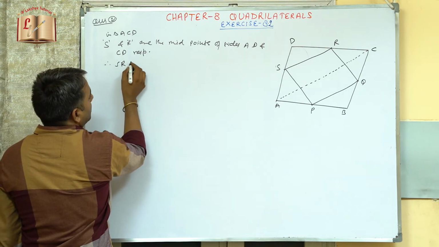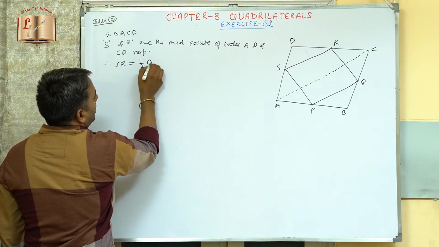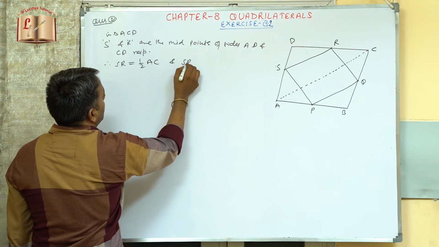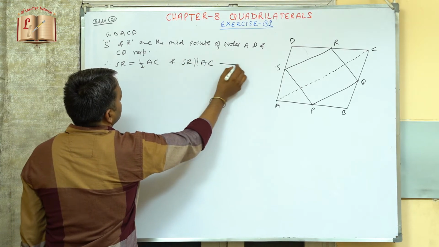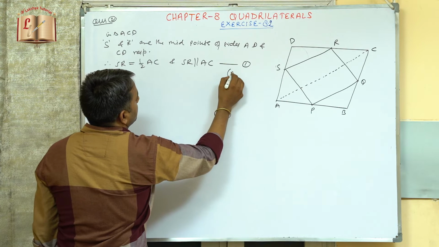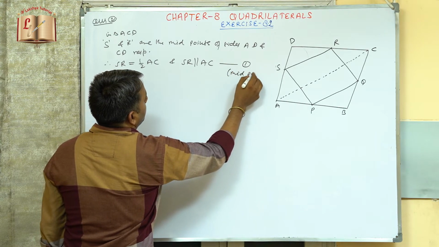Therefore SR will be equal to half of AC and SR will be parallel to AC. So this is the first equation from the midpoint theorem.